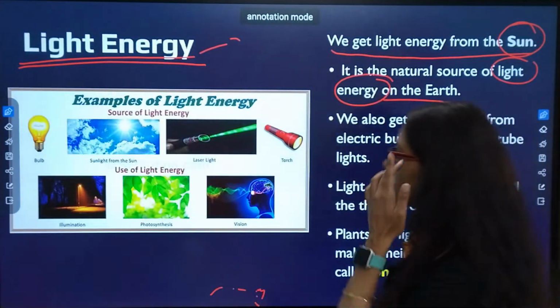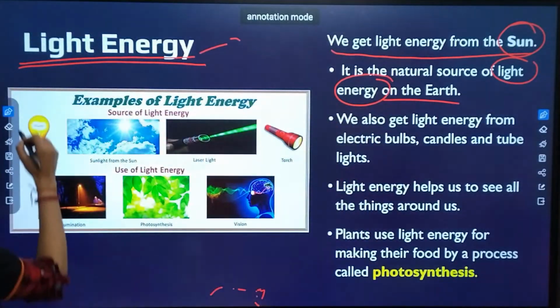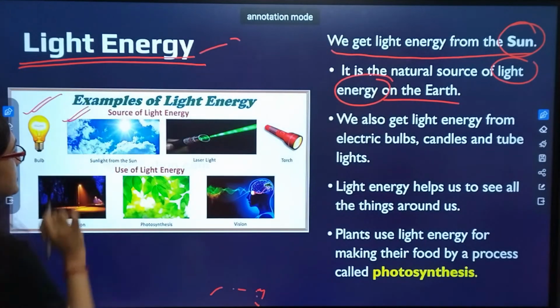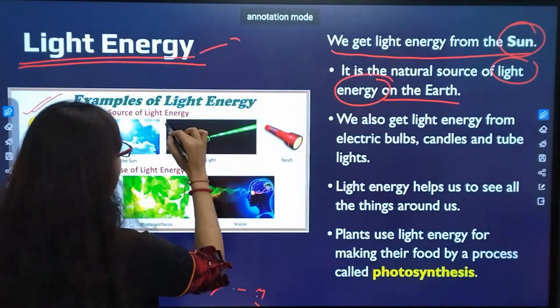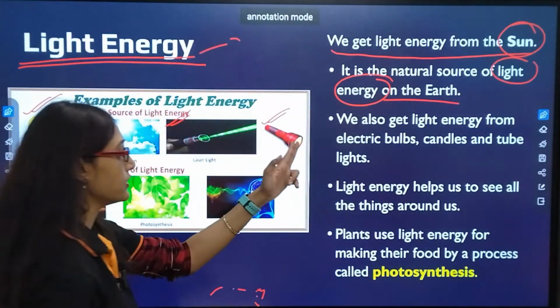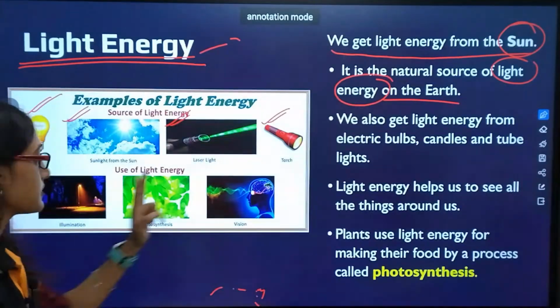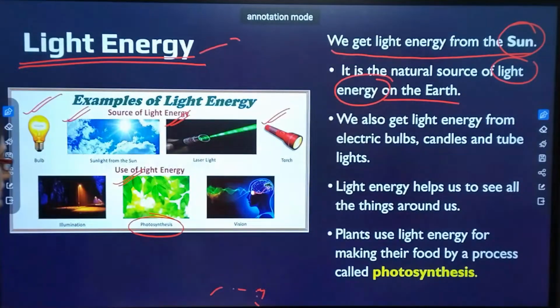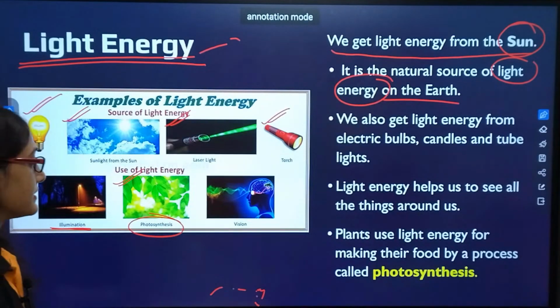Okay? Now just see this picture. This bulb helps us to see things. So while we are in the sun, we can see everything. Laser light is used to see things. Torch, during load shedding, you use to see things. Plants use light energy for what? For photosynthesis. Okay, the street lights are given so that you can walk on the roads during the night time.